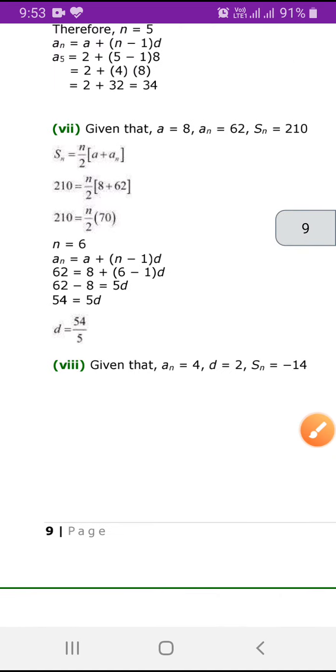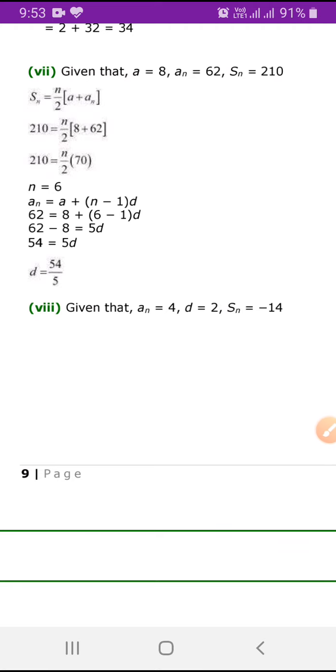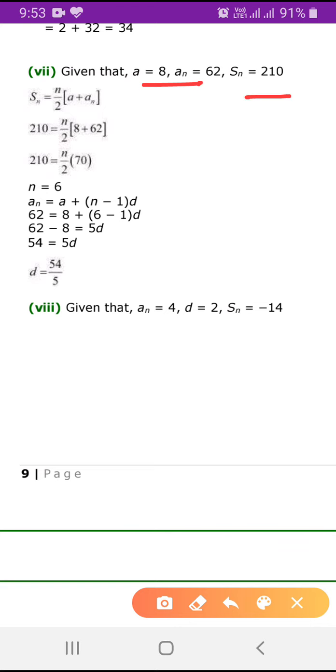Now part 6, we have a equal to 8, an equal to 62, Sn equal to 210. Now put all these values in Sn equal to n by 2 into a plus an.